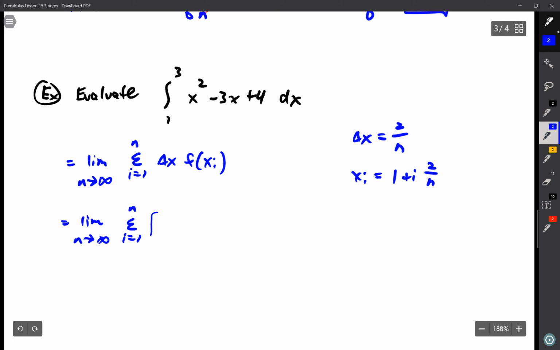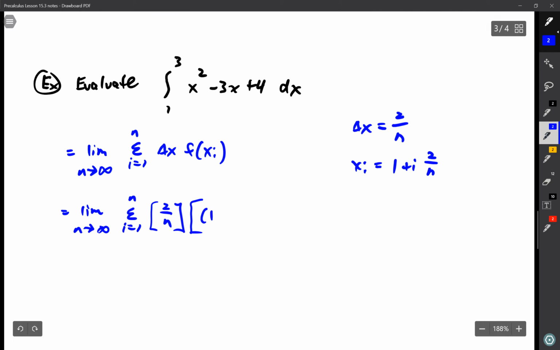I'm going to use brackets for these big chunks. 2 over n. What's f of x sub i? It's going to be using my original function here, x squared minus 3x plus 4. Wherever there's an x, I'm going to plug this 1 plus i 2 over n. So it's going to be 1 plus i 2 over n squared minus 3 times 1 plus i 2 over n plus 4.